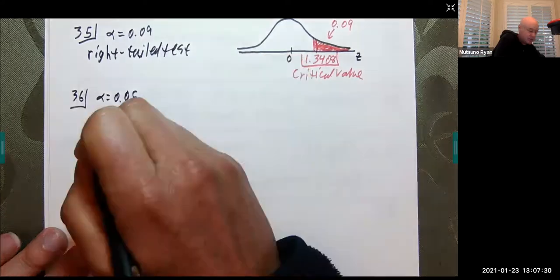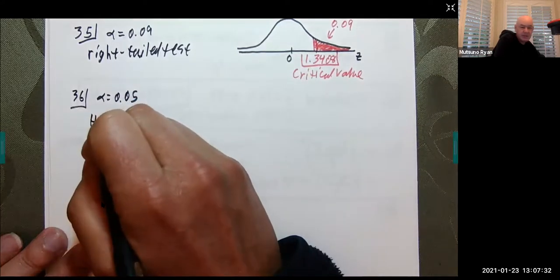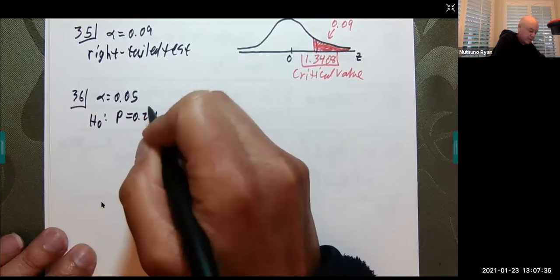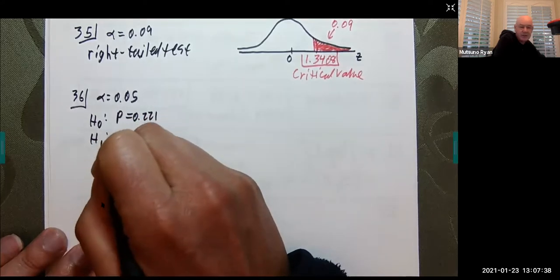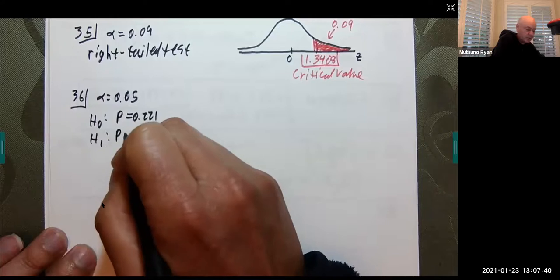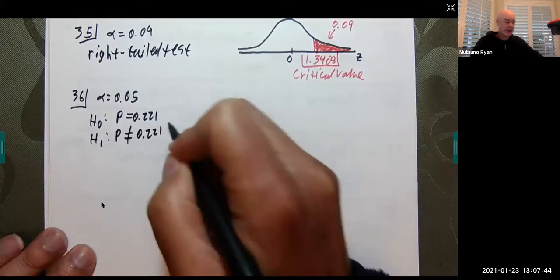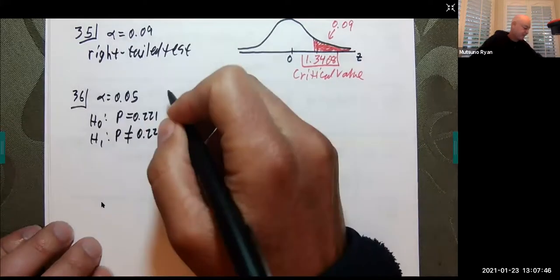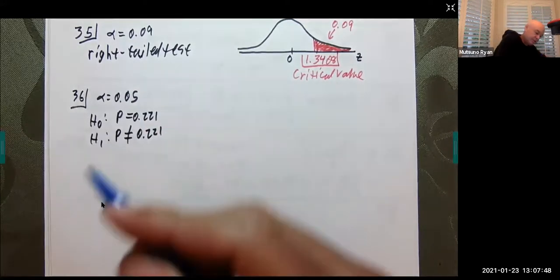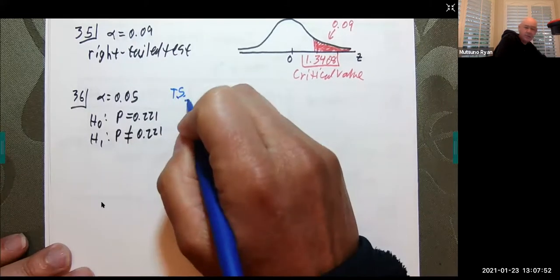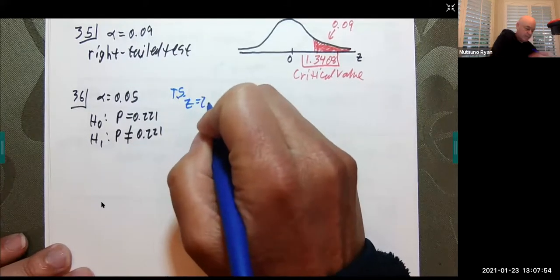Our null hypothesis is that the proportion is equal to 0.221. Our alternative hypothesis is that the proportion is not equal to 0.221. And they tell us that the test statistic is z equals 2.21.